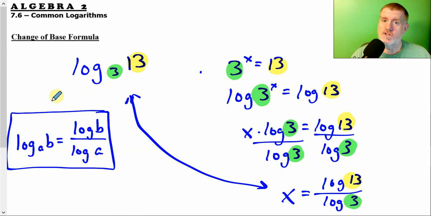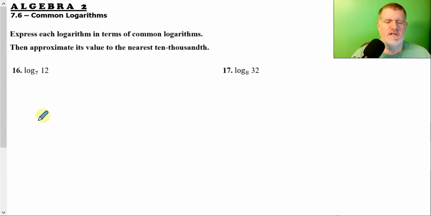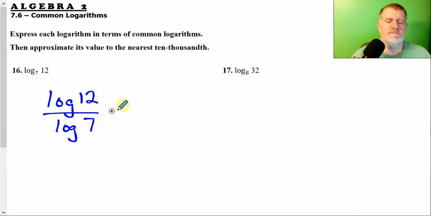TI Inspires do have that ability, but most do not. So how can I use this change of base formula to calculate log base 7 of 12? This is what I put on my calculator. And I just figure out the answer, which, coincidentally enough, to 4 decimal places is 1.2770. Lots of 1s, 2s, and 7s, don't you think, for my birthday?